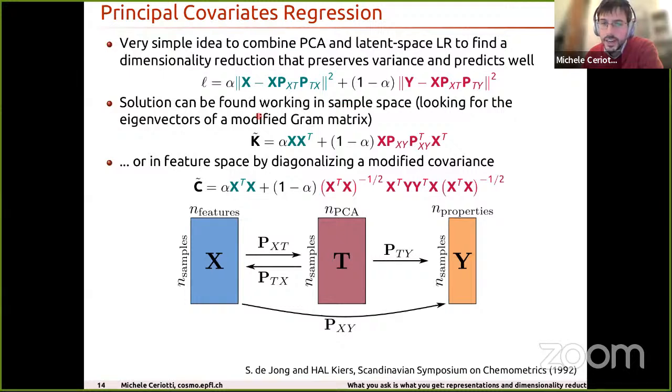You really are literally mixing a PCA loss and a linear regression loss. As far as I understand, this is subtly different from principal component regression and partial least squares, but they are all very, very similar. And frankly, you would probably get something very similar if you did any of the others.